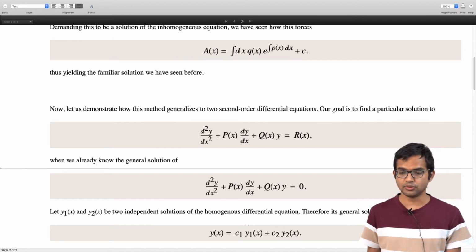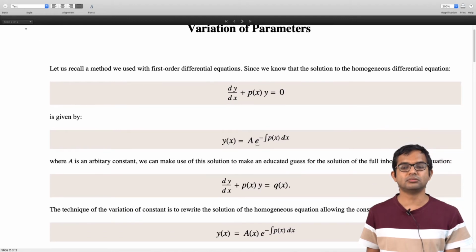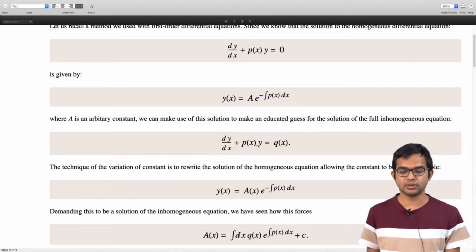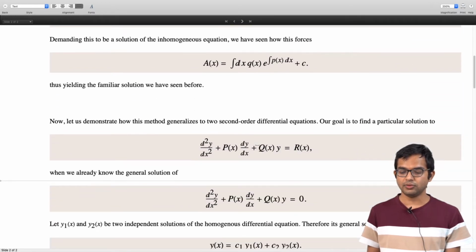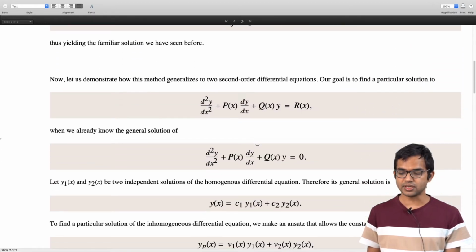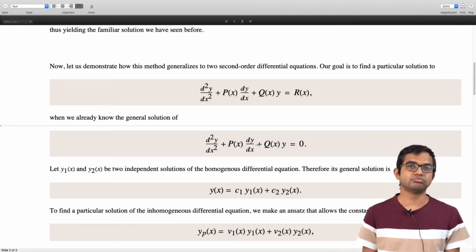Inspired by our first order differential equation and how the variation of parameter method works out, we elevate these coefficients c1 and c2 to the status of functions.